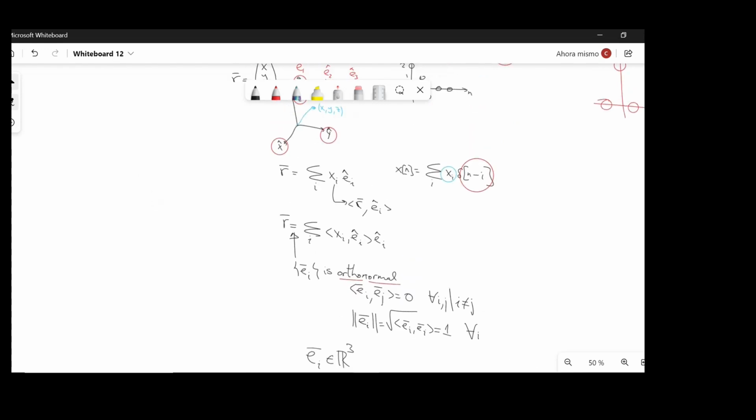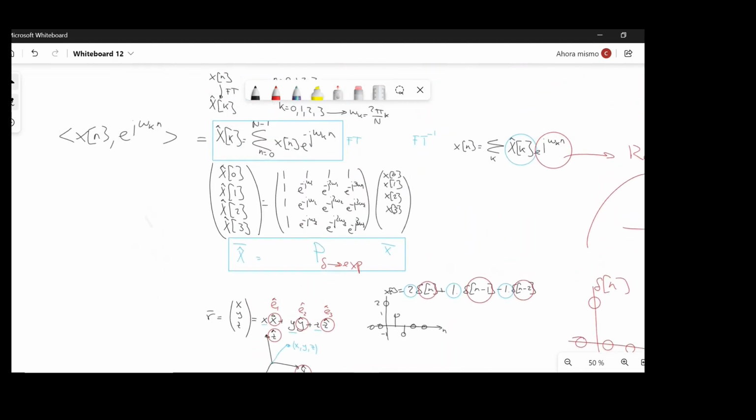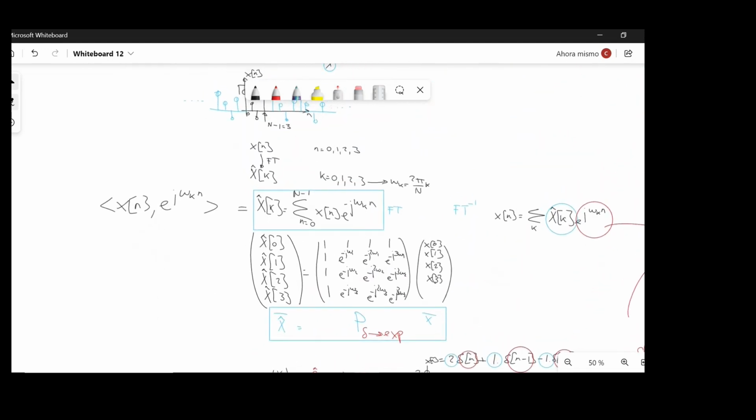That is why we get this minus here. It's the complex conjugate. You see, it has the same structure as an inner product. And we go to here, and then what we see is the same structure as we had before.